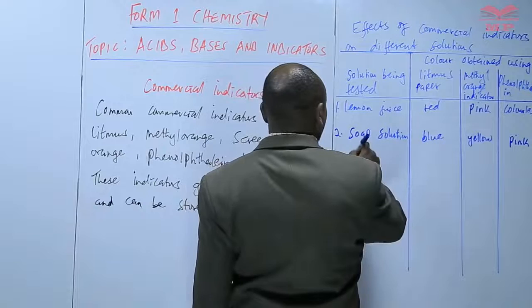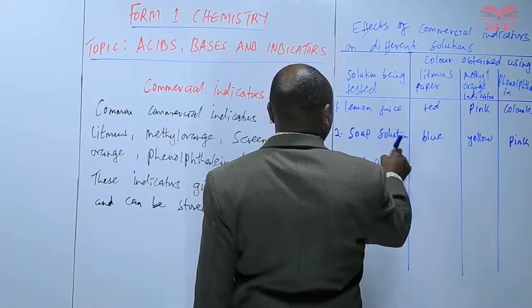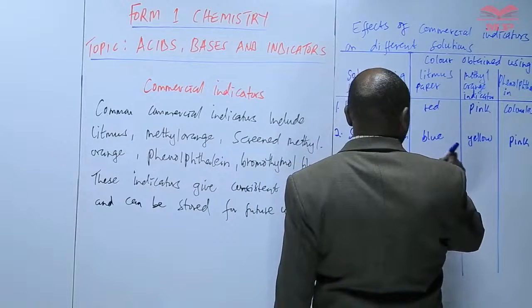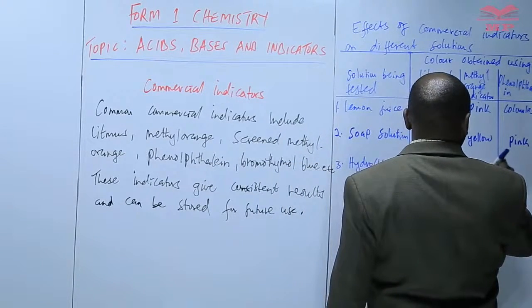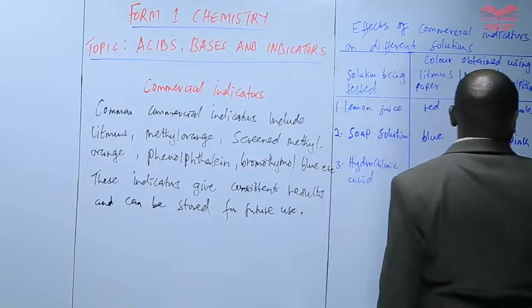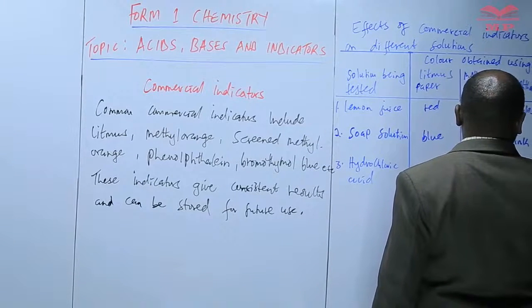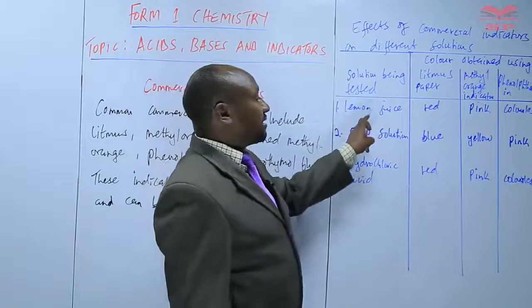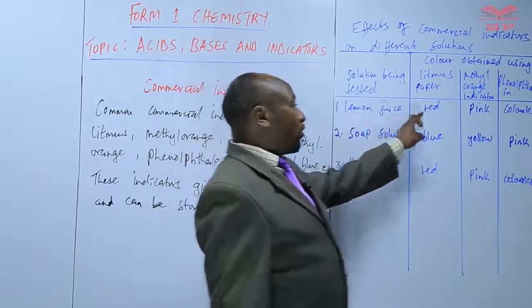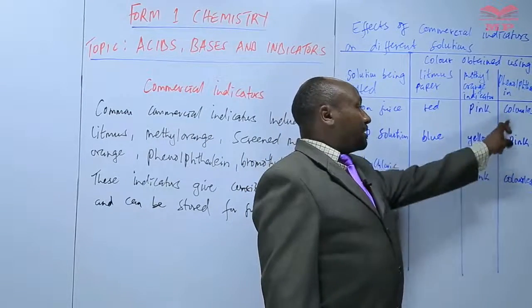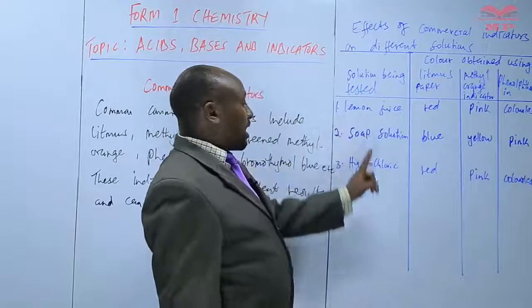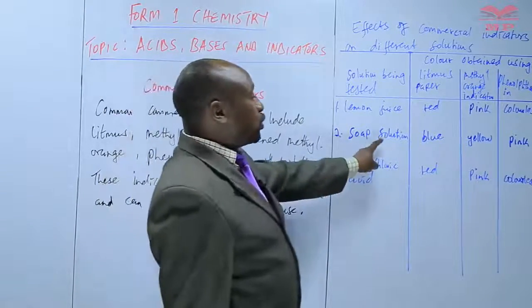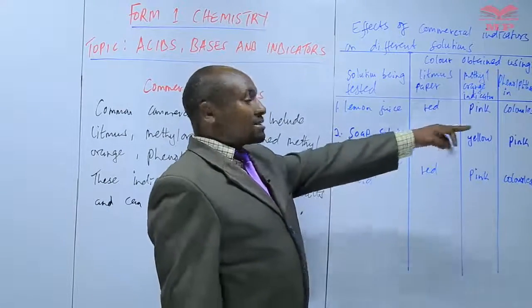We take an example of hydrochloric acid. In litmus, it will be red. In methyl orange will be pink. And in phenolphthalein will be colorless. So we can observe something here, that hydrochloric acid is behaving the same way as lemon juice in all the indicators. And that is an indication that lemon juice and hydrochloric acid are acidic. But soap solution is not acidic. That's why it's giving us different colors.